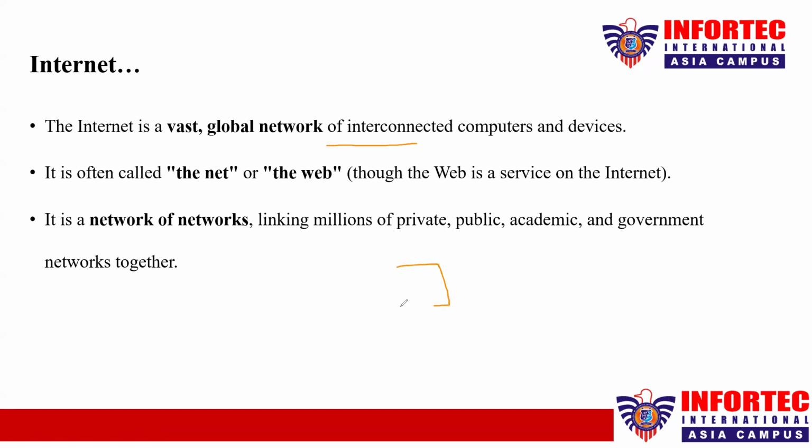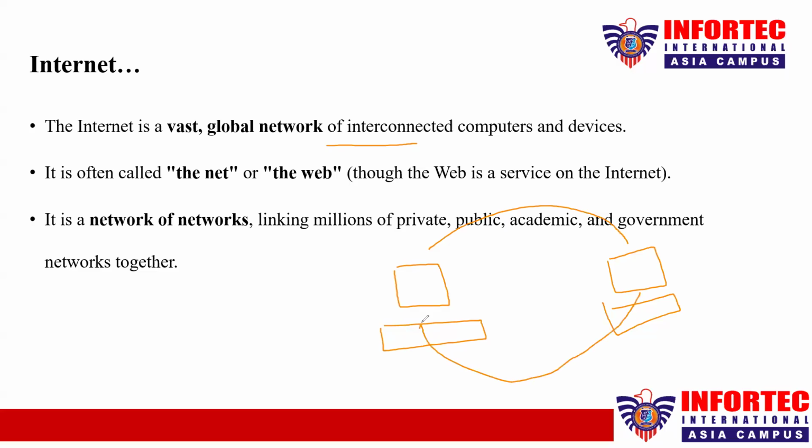Here, this is my computer, and this is you. I need to send something to you, and you also want to send something to me. To do this, we use something called the internet. The internet is the process of connecting devices and people to share things.